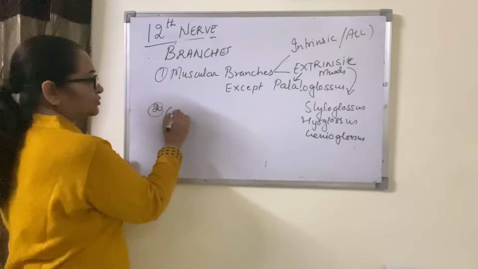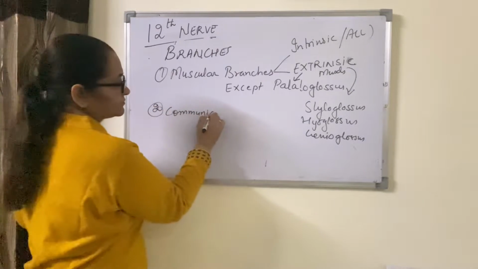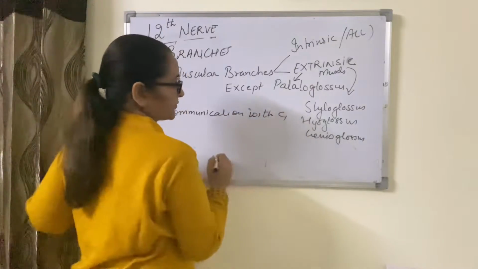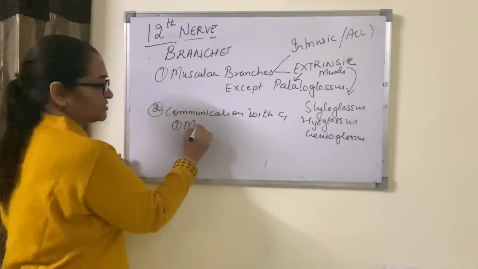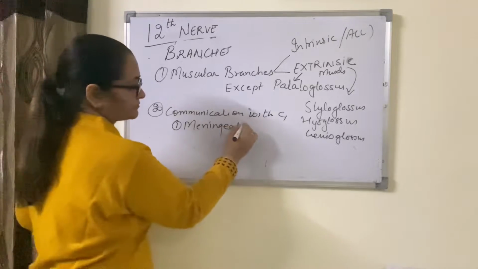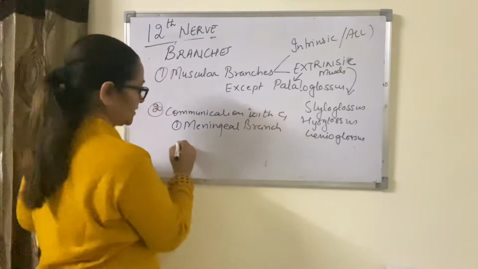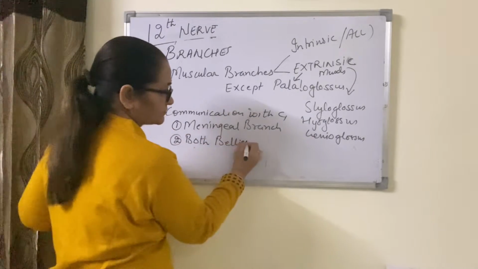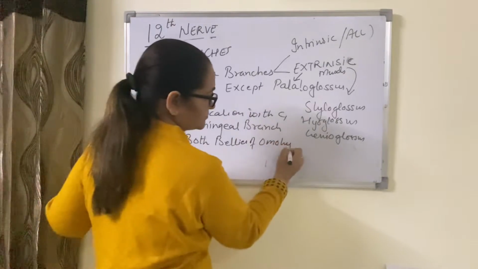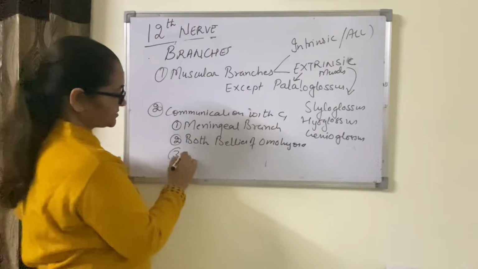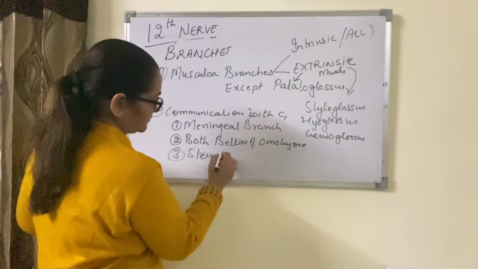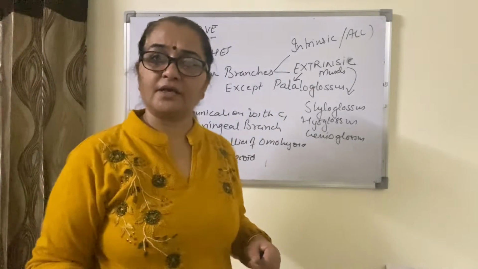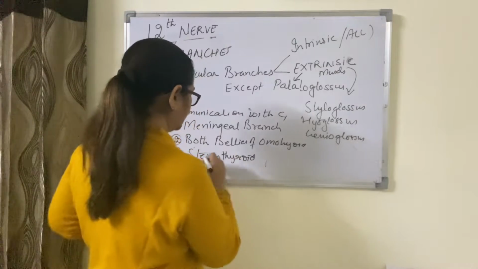Second is communication with C1, through the ventral root of C1. So what are the branches given by it? That is the meningeal branch, then both the bellies of omohyoid, then sternohyoid and sternothyroid.